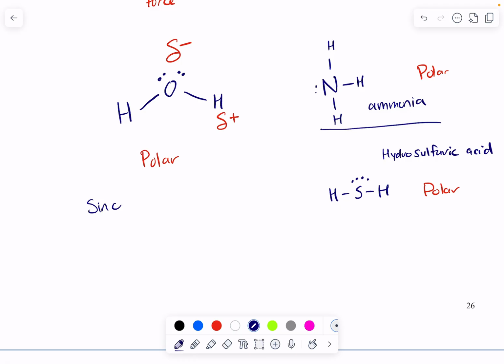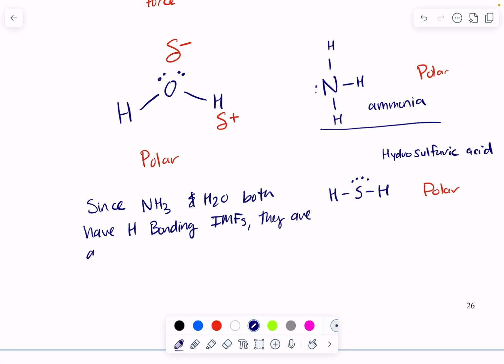So you might say something like, if you were forced to explain that, since NH3 and H2O both have H-bonding IMFs, they are able to H-bond with each other.